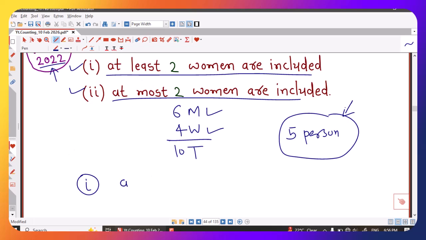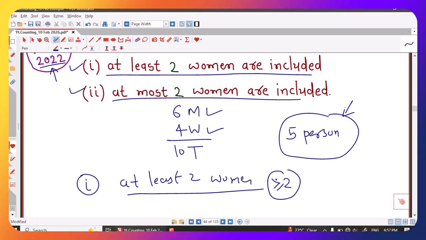At least 2 women means the number of women can be 2 or more than 2, that is, the number of women is greater than or equal to 2. And here there are a total of 4 women, so the number of women can be 2, 3 or 4. So this can be done in 3 different ways.